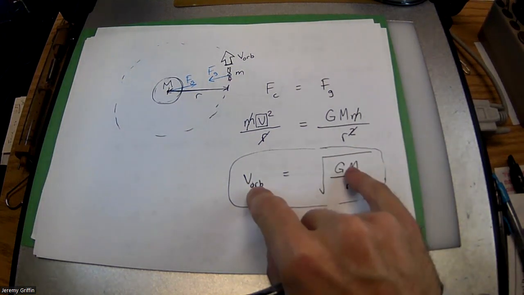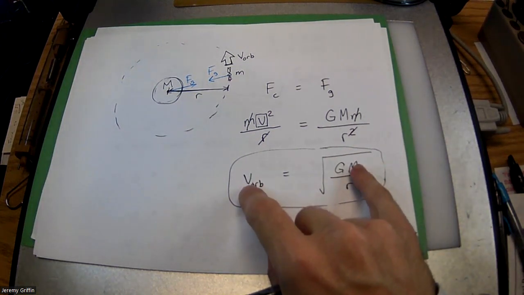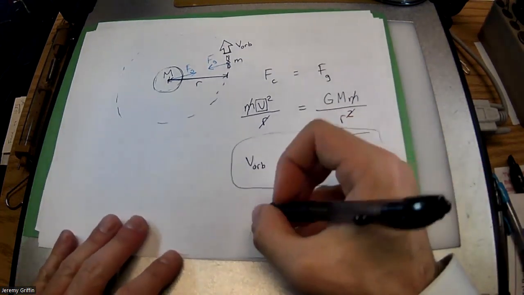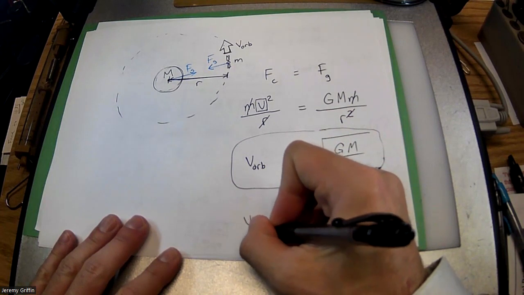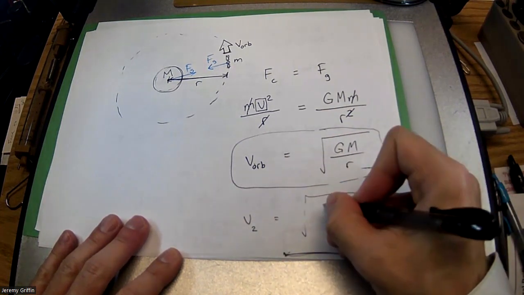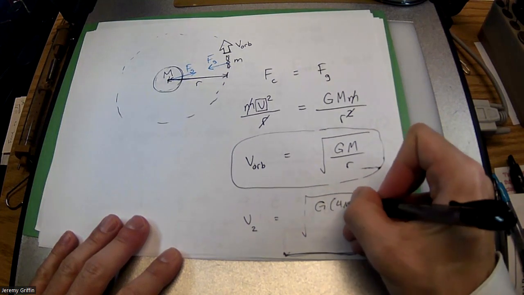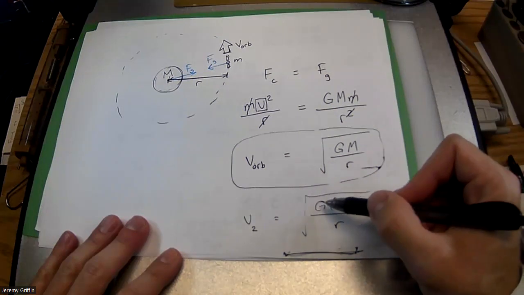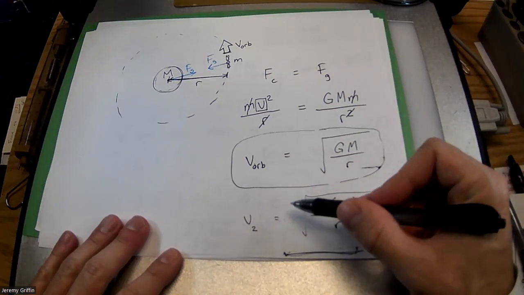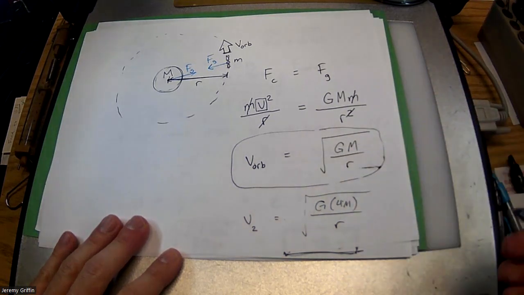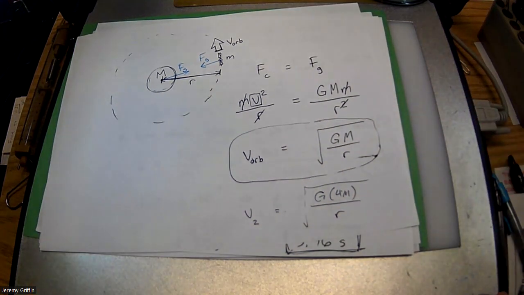Double, yeah, because the factor of 4 becomes 2 under the square root. You could write the new orbital speed as the square root of G 4M over R. You pull the 4 out front as 2, and get 2 times the square root of GM over R, which is 2 times v orbital. That's twice the speed. That's a way you could prove that.